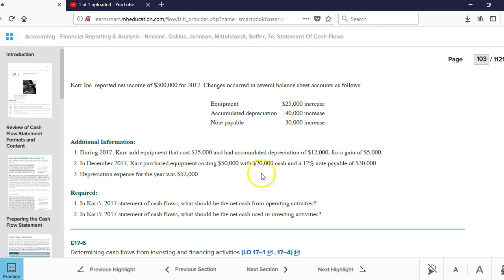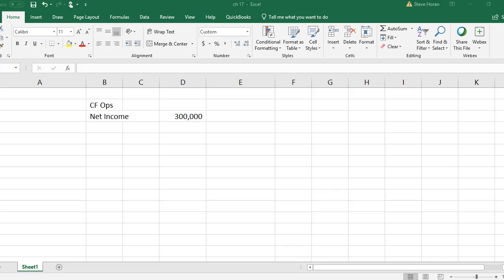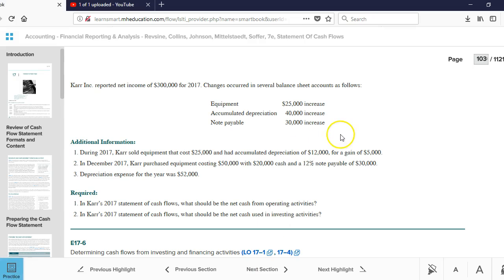And so we come back to here and we look at the information given to us, and one of the adjustments we always make is depreciation. Remember that depreciation is a non-cash expense, and we need to add that back. So they tell us right here in item 3 that depreciation expense is $52,000. Okay, so we'll add that back. So positive 52. Okay, then go back and they tell us that when they sold that equipment right here, there was a gain of $5,000.